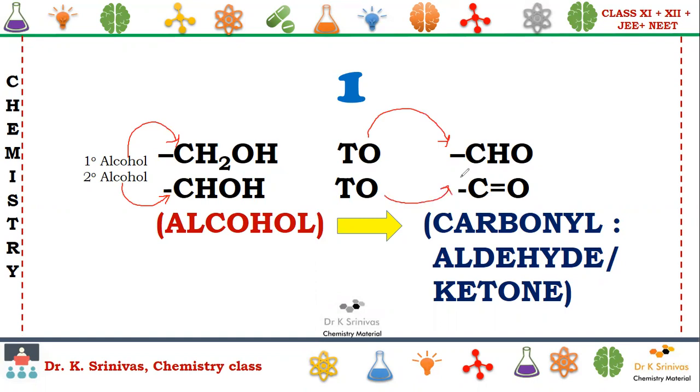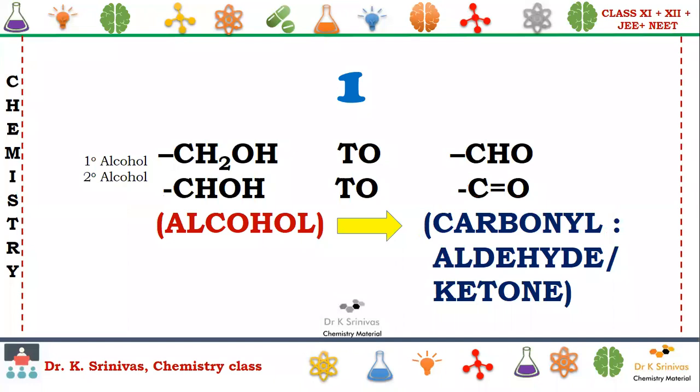Alcohols are converted into carbonyl compounds. But how? Big question. We have to use specific reagents. If you are perfect with these reagents, whatever the format of the question, you can do it very easily. So I request all students to concentrate properly for a better understanding.